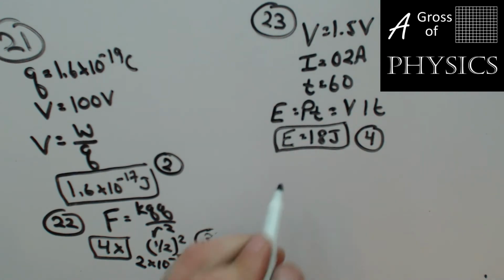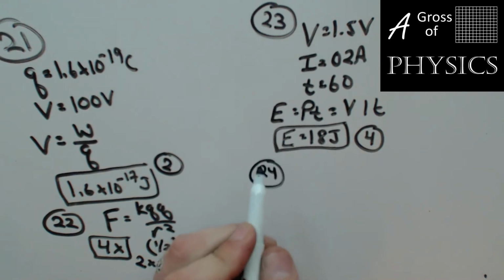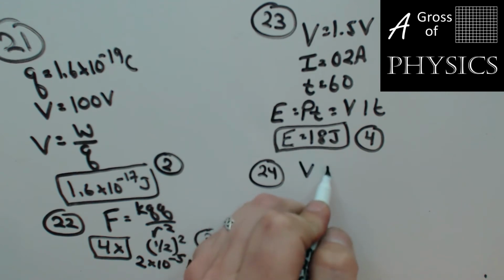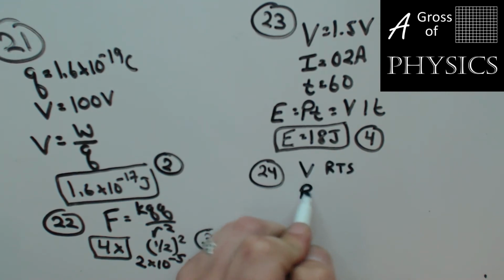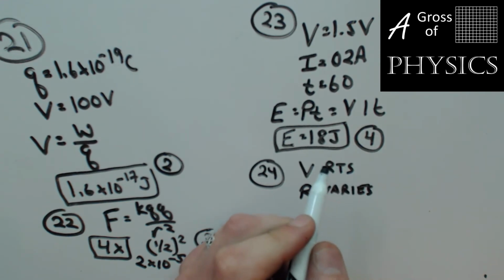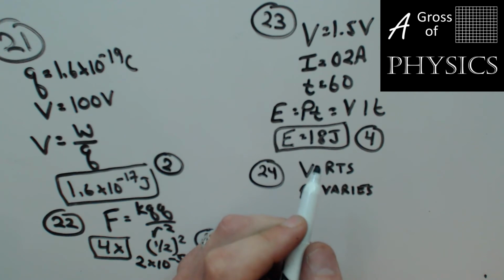All right, now we're on to 24. Potential difference applied to a circuit remains constant as the resistance is varied. So V is constant, V remains the same, R varies. Okay. Which graph best represents the relationship between the power and resistance of this element?